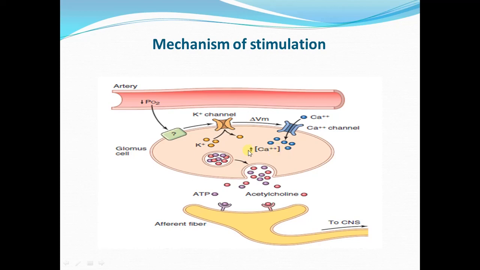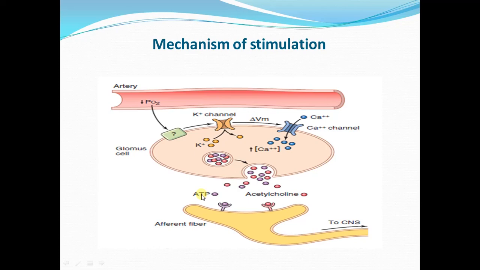Due to influx of calcium, there is release of neurotransmitters, because the neurotransmitter vesicles fuse with the cell membrane, and the neurotransmitter is released by the process of exocytosis. It is believed that acetylcholine and ATP act as neurotransmitters.